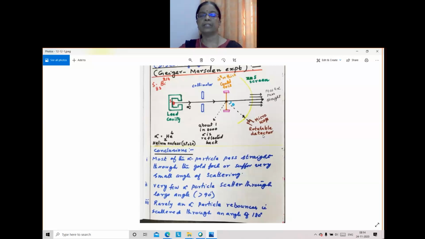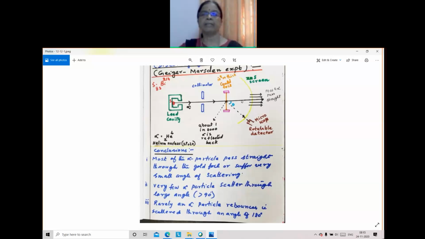The scintillations produced on the screen are detected with the help of this microscope. You can see most of the alpha particles pass straight, without any deviation. Most of the alpha particles pass straight through the gold foil or suffer a very small angle of scattering. This is the angle of scattering.